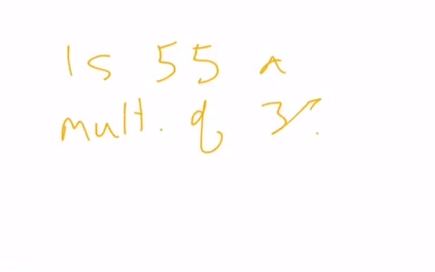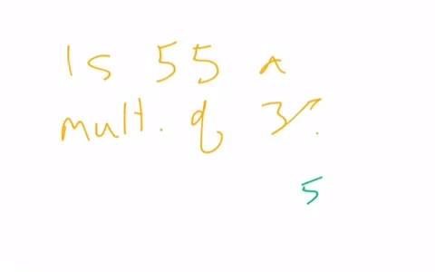And you have to be able to have a strategy or an example of how to do that. So basically, if you do your 3s, will that eventually go into 55? Some kids are really good at the math facts and can tell me right away, and other times we just might have to do a quick division problem and find out. If 3 does not go into 55 perfectly, it is not a multiple.